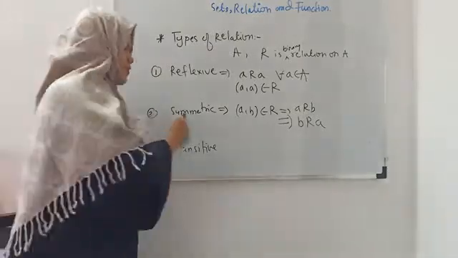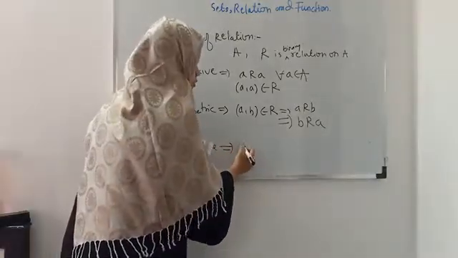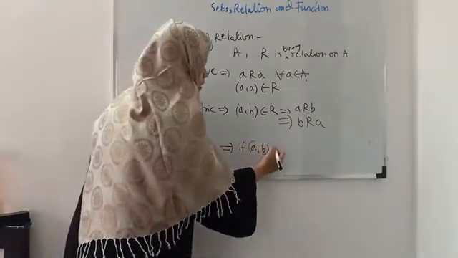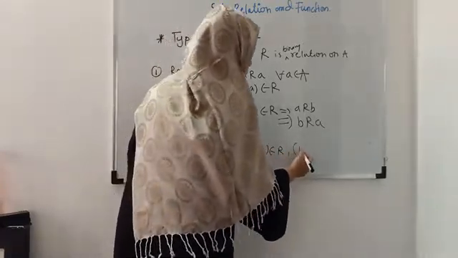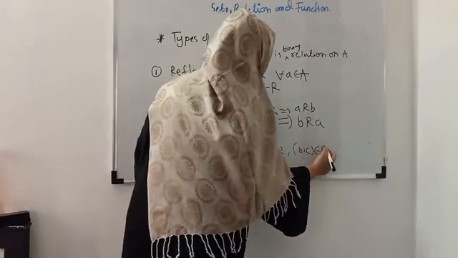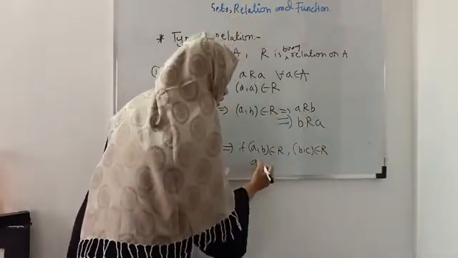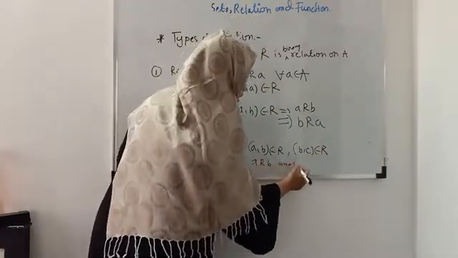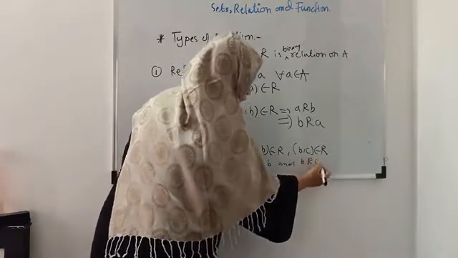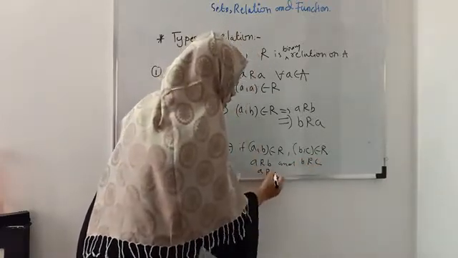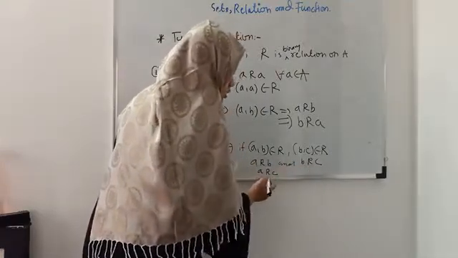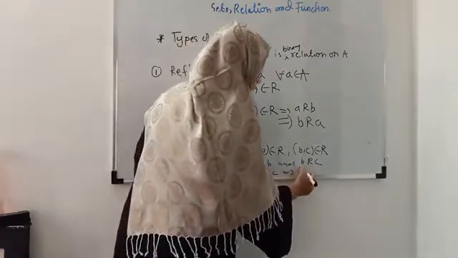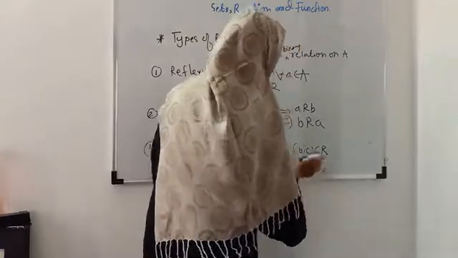And the transitive: if A is related to B and B is related to C, then A should be related to C. That means A and C should belong to your relation.